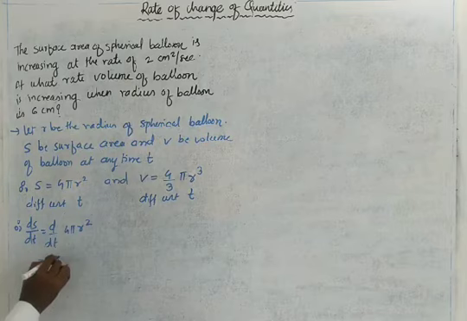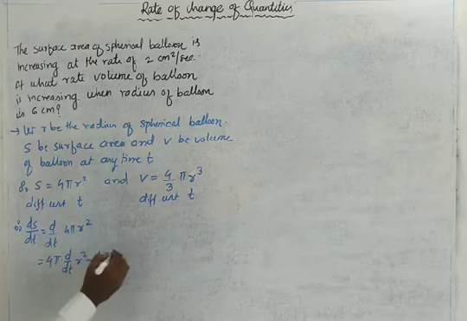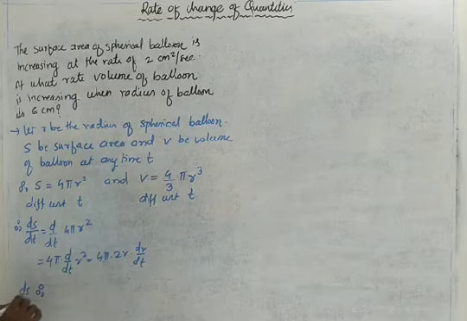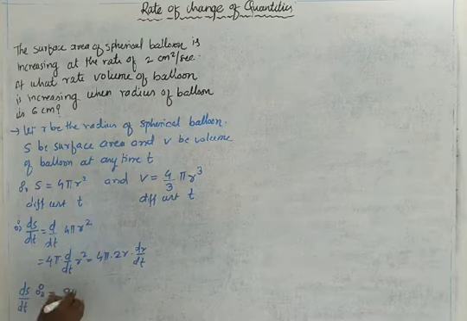Now 4 pi is a constant term, and the derivative of r square is 2r into dr by dt. Therefore dS by dt is equal to 8 pi r dr by dt.